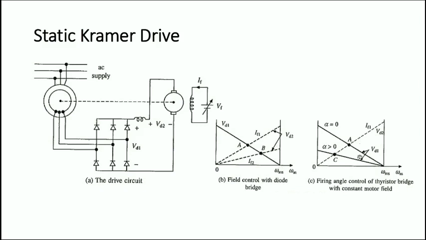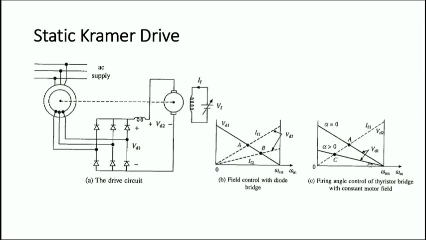Here I have shown that IF1 is taken like this, and if you are reducing the value of VD1 from this to this, the operating point shifts leftwards. That means your speed is getting reduced further from the 50 percent limit of the field control method.